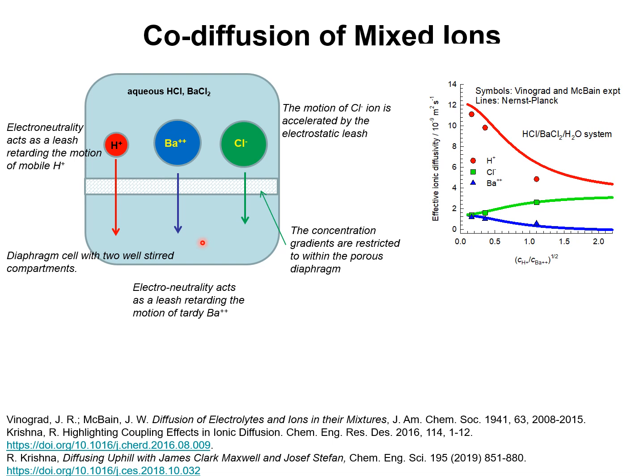So the electrostatic leash acts in different ways on the positive ions and the negative ions. The positive ions are hindered in their transport, whereas the negative ion, chloride in this case, is accelerated in order to maintain electroneutrality.